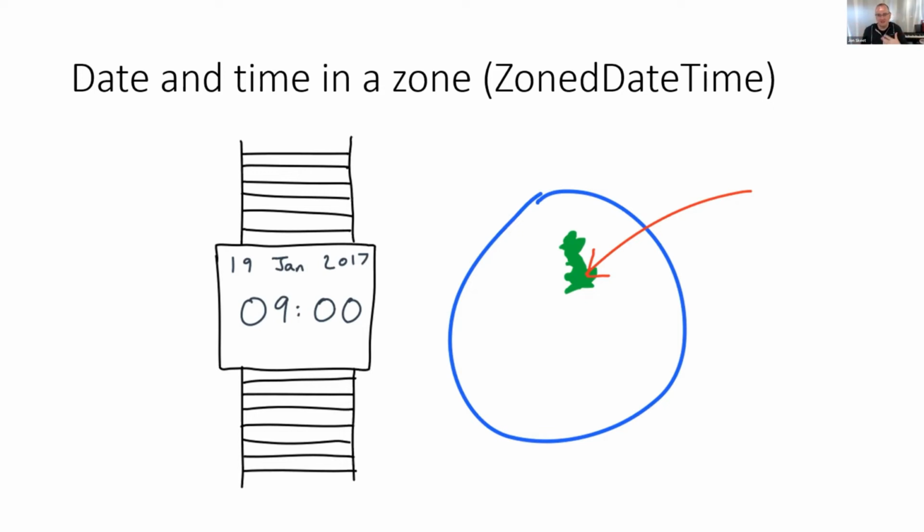So if I'd said, oh, well, I need to find out what date Sunday was. Sunday was the 30th of October. So if I said it's 1:30 in the morning on the 30th of October 2022 in the Europe/London time zone, well, that isn't unique.